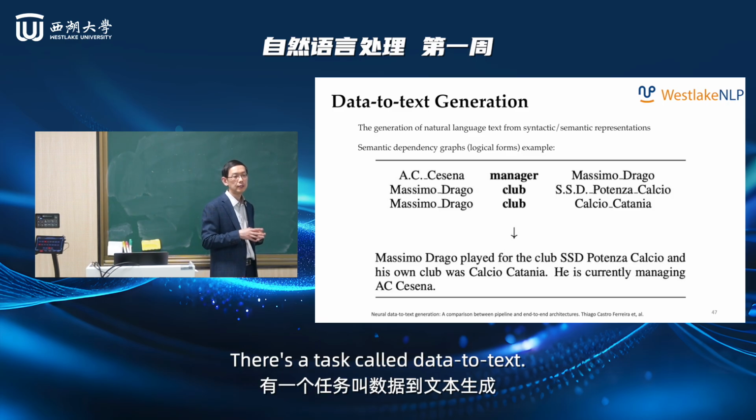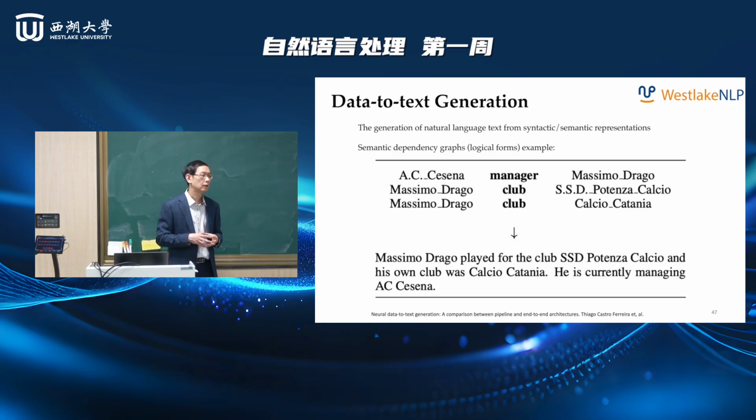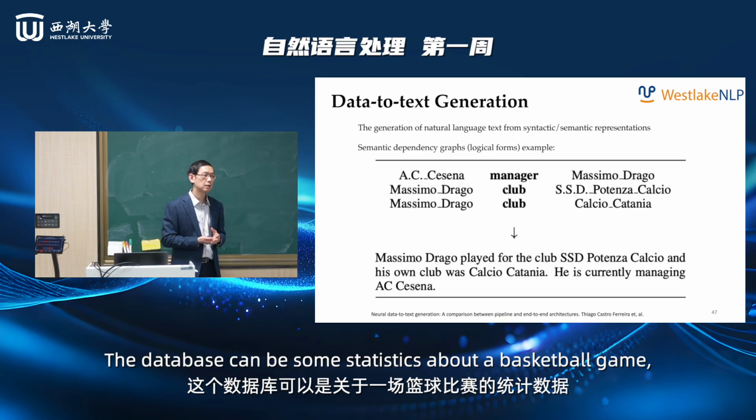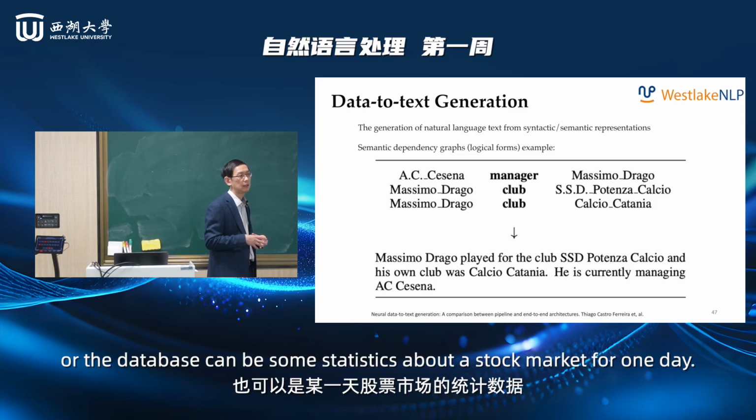There's a task called data to text. For example, you can have a database. The database can be some statistics about a basketball game, or some statistics about the stock market for one day.